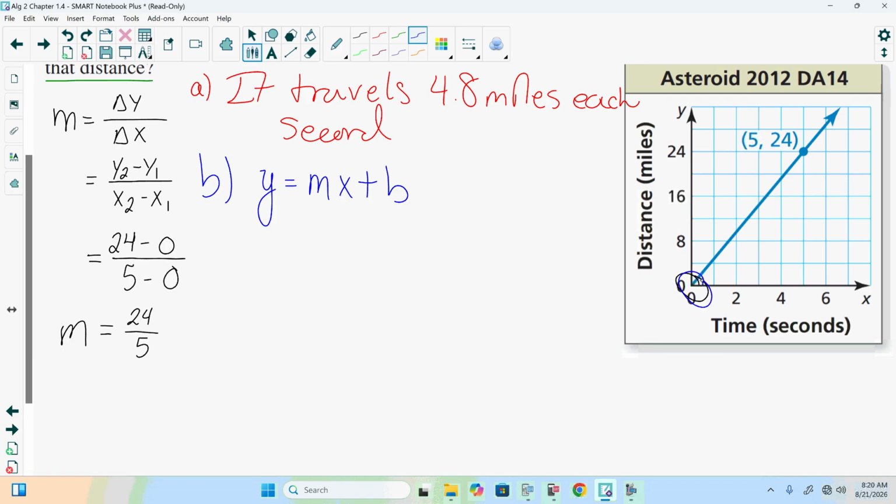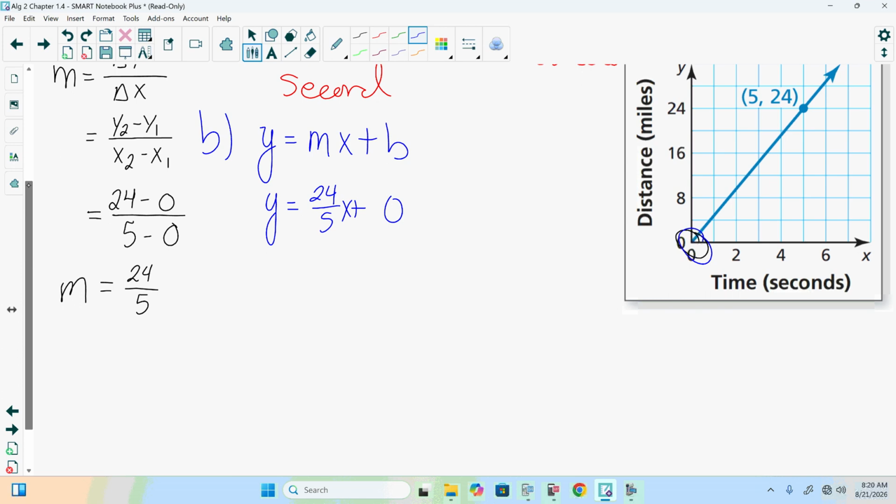When x is 0, y is also 0, yes? So we plug the slope in, 24/5 x plus 0. Well, do we really need the plus 0? y equals 24/5 x.